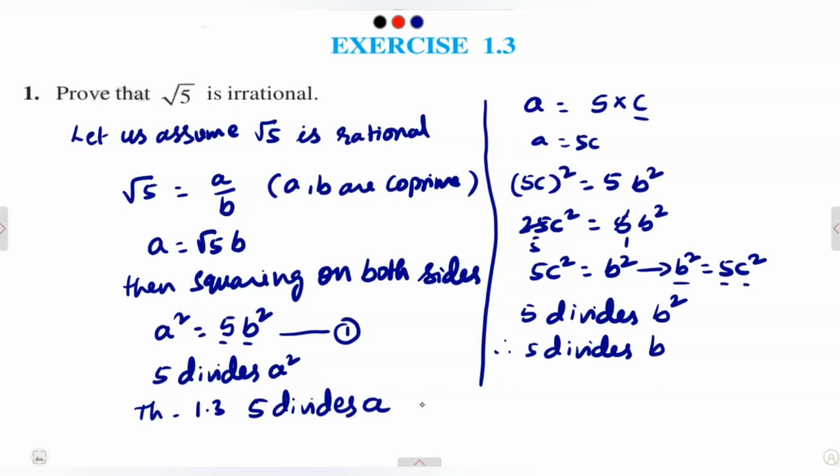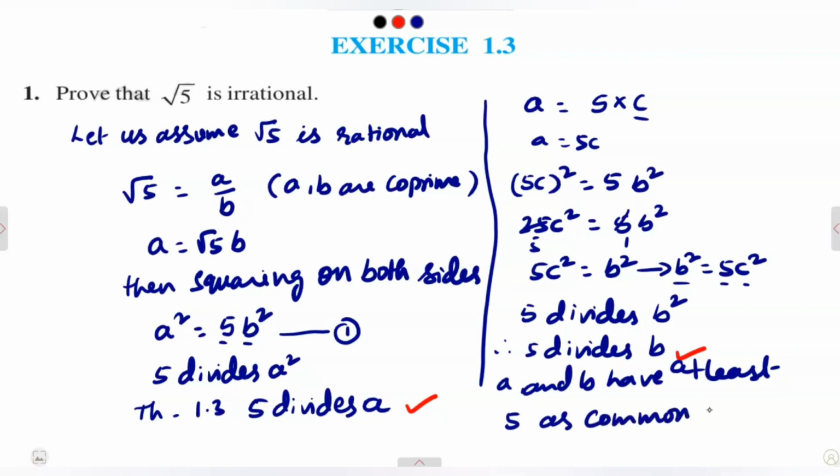Now you observe here, previously we got 5 divides a, and now you are getting 5 divides b. So what do you mean by that? 5 is dividing both a and b. That means a and b have at least 5 as common factor.